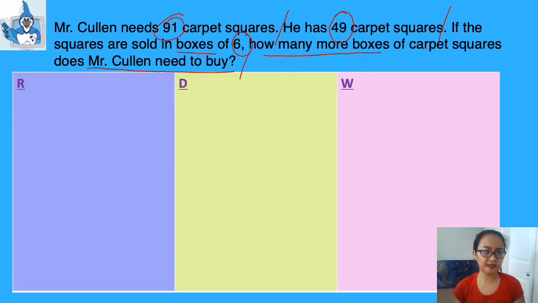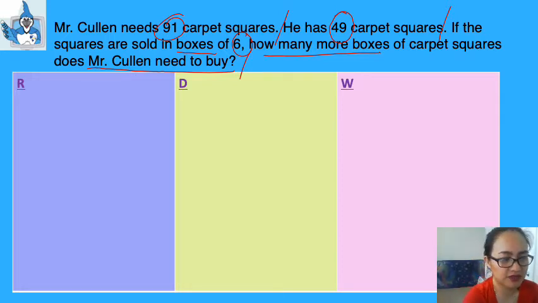Now let's think. What does Mr. Cullen need? Carpet squares. We know that he needs 91, but we know that he also has some already. So let's write all these numbers under R: 91, 49, 6, and the question.